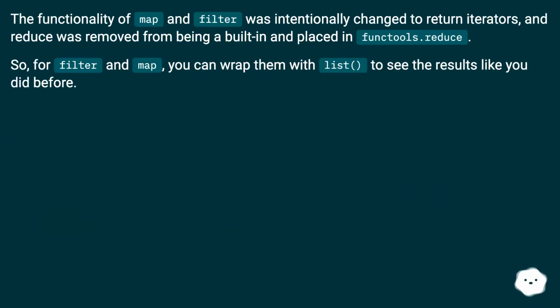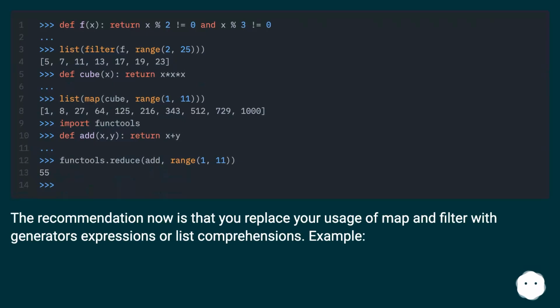The functionality of map and filter was intentionally changed to return iterators, and reduce was removed from being a built-in and placed in functools.reduce. So, for filter and map, you can wrap them with list to see the results like you did before. The recommendation now is that you replace your usage of map and filter with generator expressions or list comprehensions.